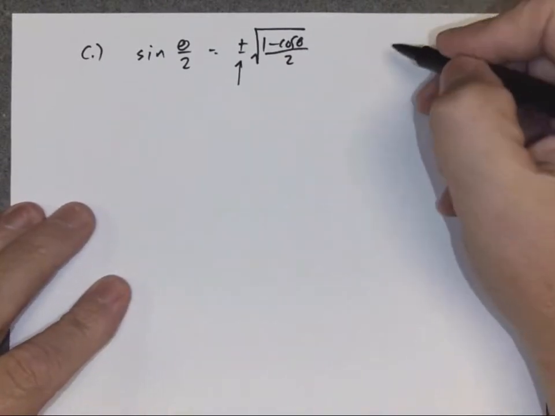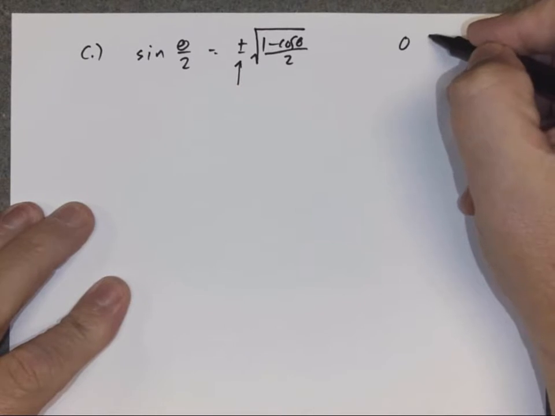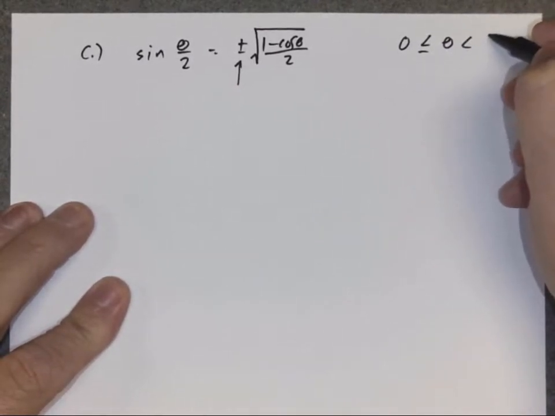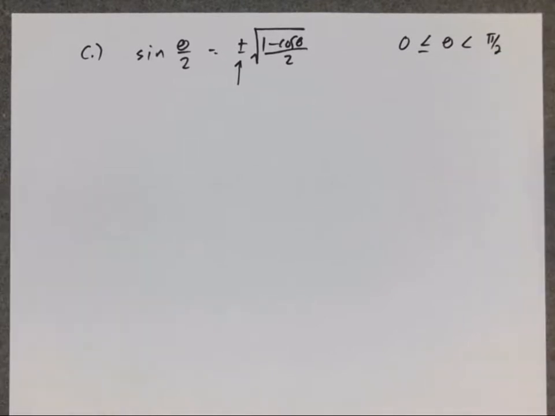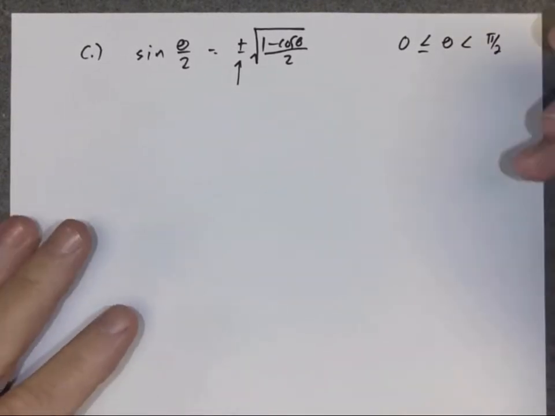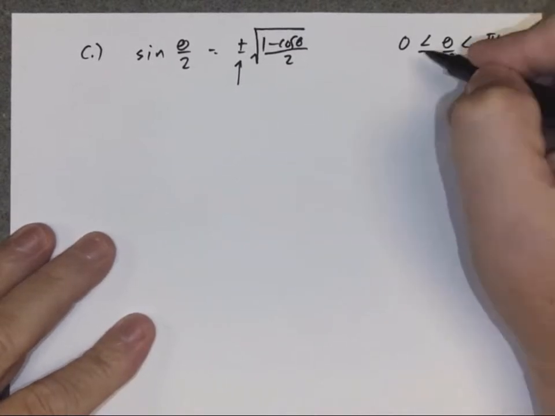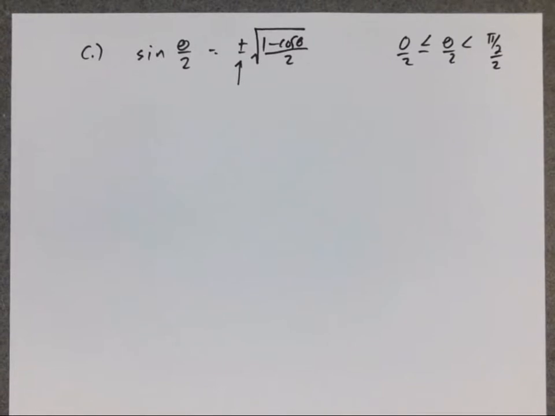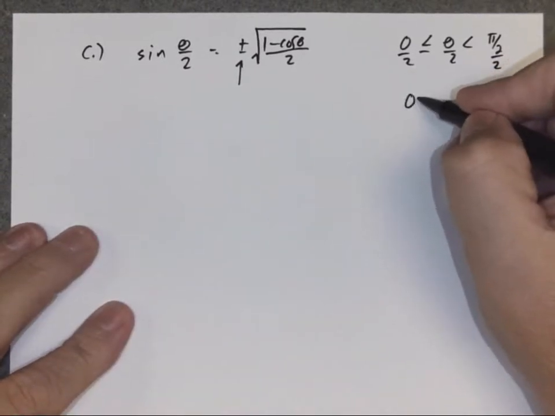The way you do that is your initial angle. They said theta is between 0 and pi over 2. So if I don't know what theta over 2 is, I just divide all three parts by 2.